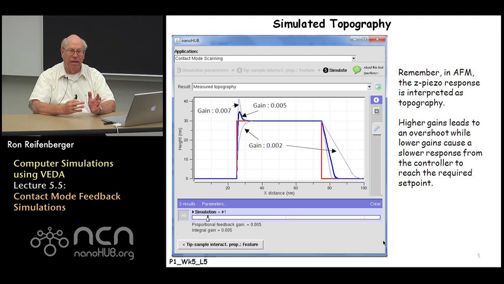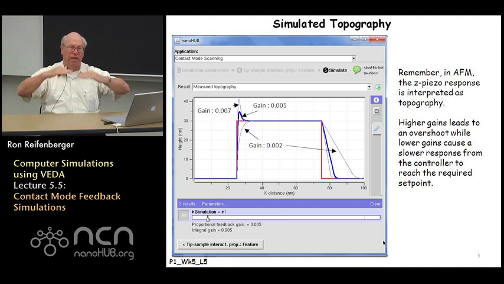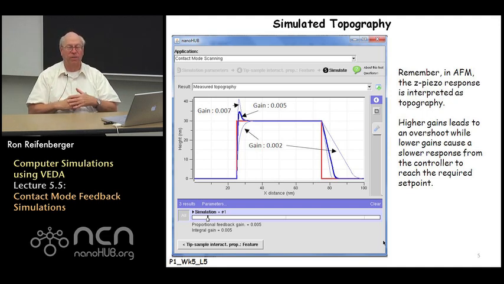I plot out the response of the Z piezo as the tip encounters this step-like feature. The geometry of the step-like feature is plotted in red in this slide, and the various responses of the Z piezo as the tip scans over the sample are plotted in blue.